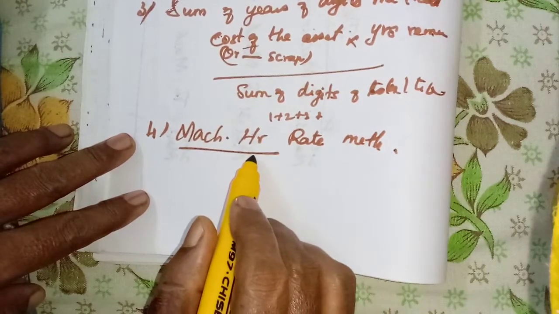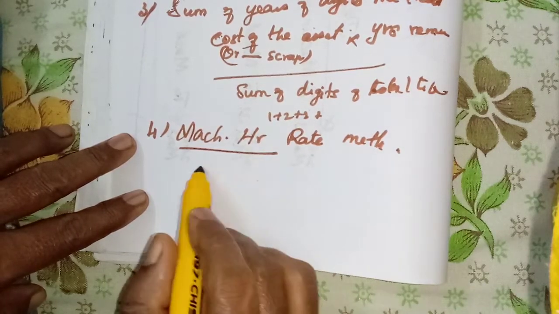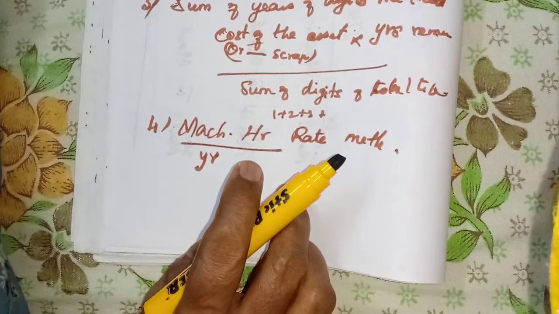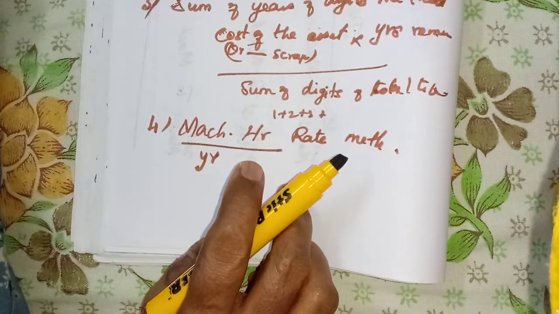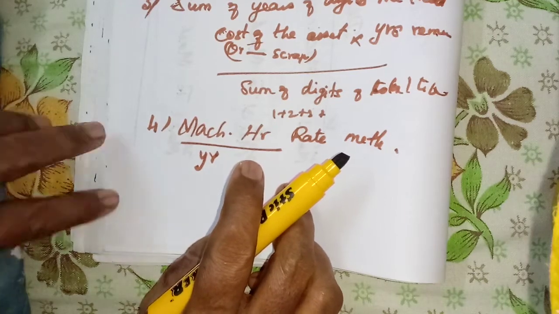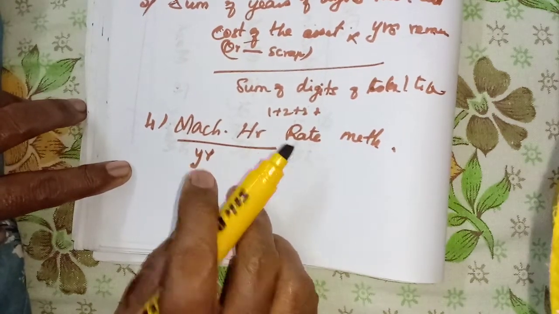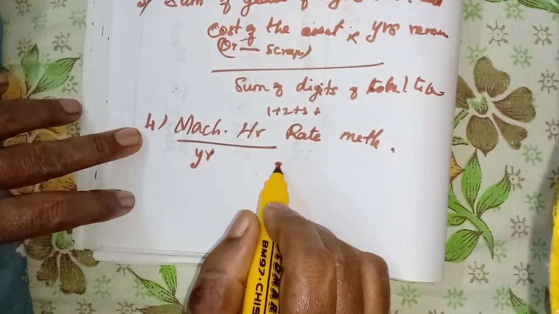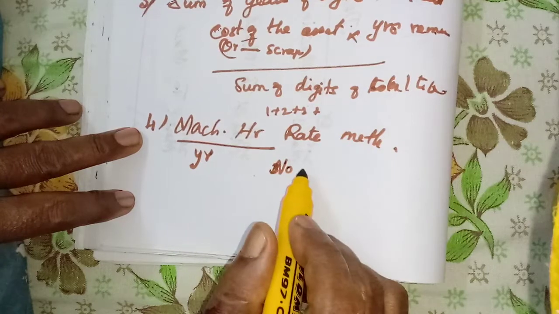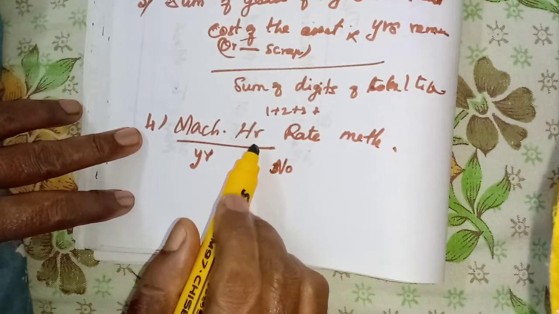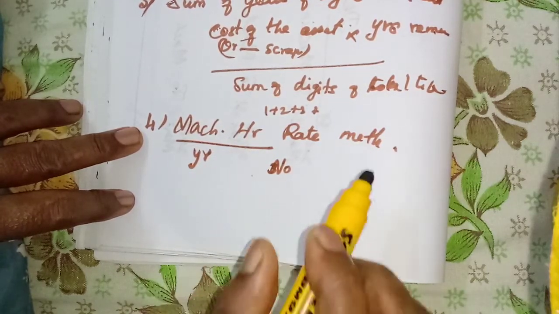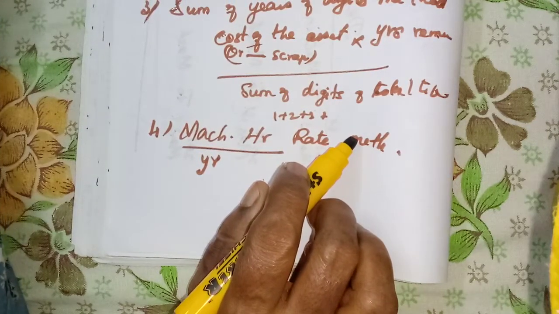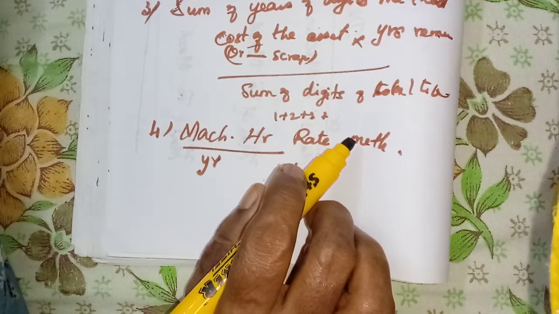And they will calculate the machine hours for the whole year. Then they will multiply by the total number of hours. So how will they calculate the amount of depreciation? Number of machine hours they have used into rate of depreciation per 1 hour. Okay, that is the calculation for this machine hour rate method.